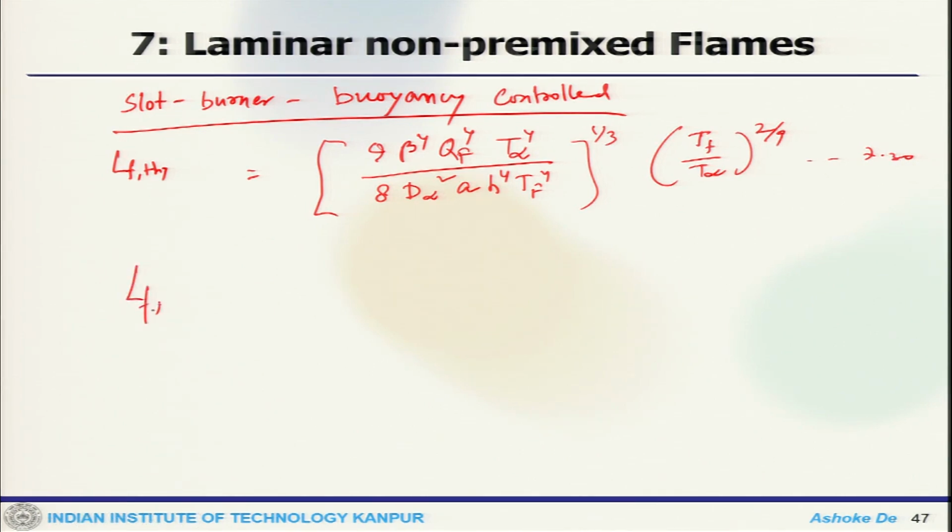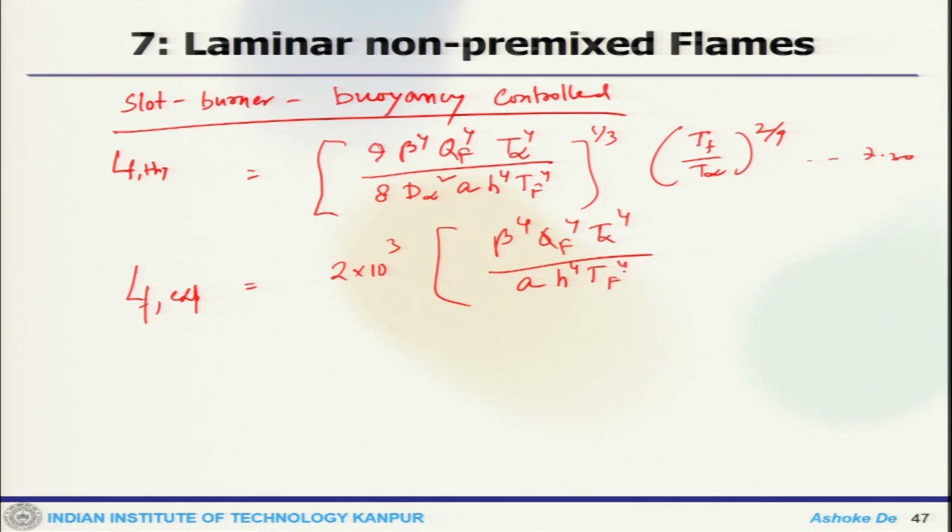And experimentally observed this is beta 4, QF 4, T infinity 4 by, which is 1/3.